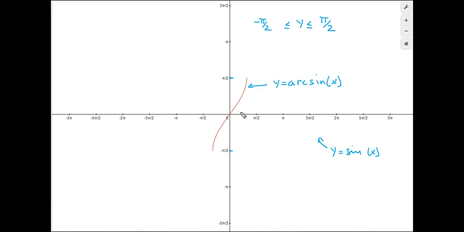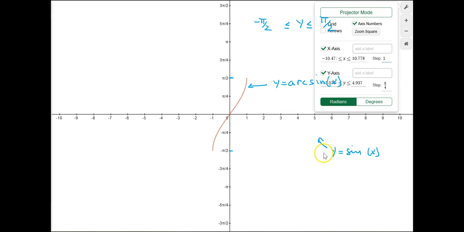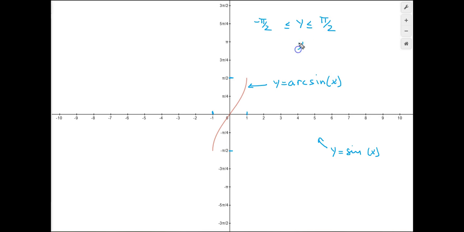We can see that if I change the tick marks on the x-axis there. So there you can see clearly now the domain goes from negative 1 to positive 1. And so we see that the x is going to be between 1 and negative 1.